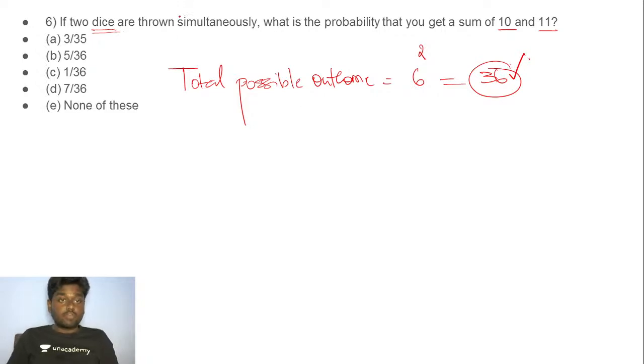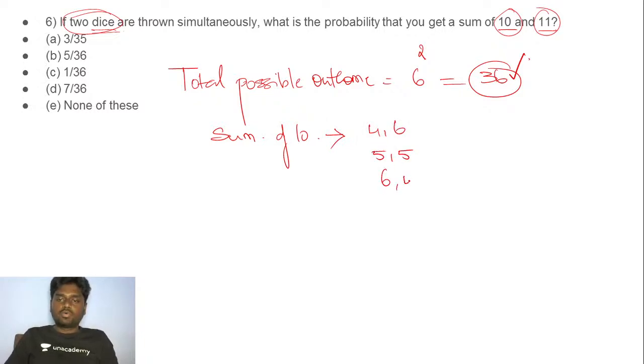And for 2 dice, you need to find the probability that they get a sum of 10 and 11. If I want to find the samples which give a sum of 10, it can be 4, 6, 5, 5, and 6, 4. These are the only 3 samples which give you the sum of 10 when you toss 2 dice simultaneously, right?